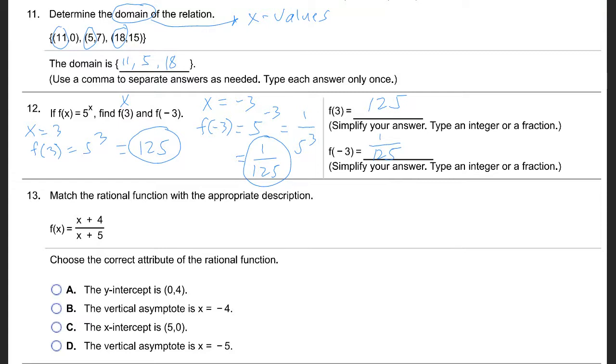Problem 13. Match the rational function with the appropriate description. Given f of x is equal to x plus 4 all over x plus 5. Now let's investigate the first choice.